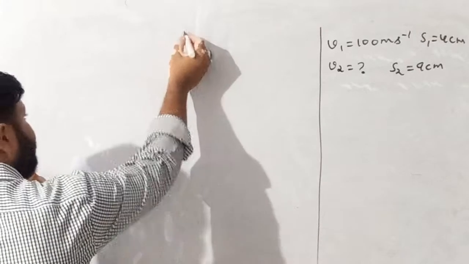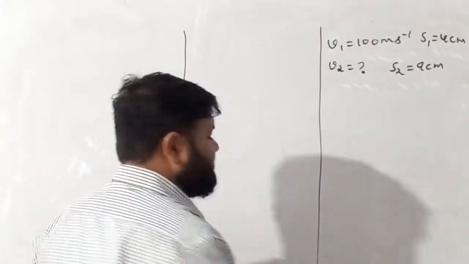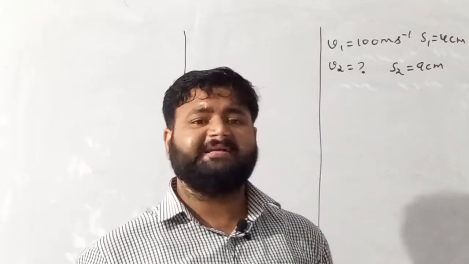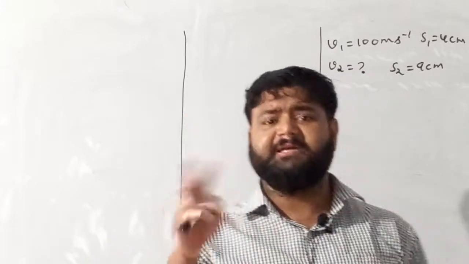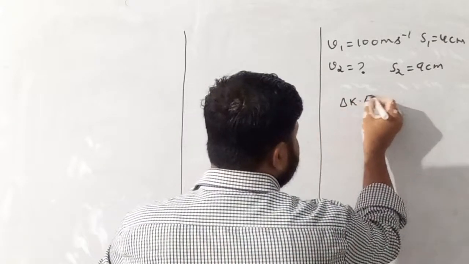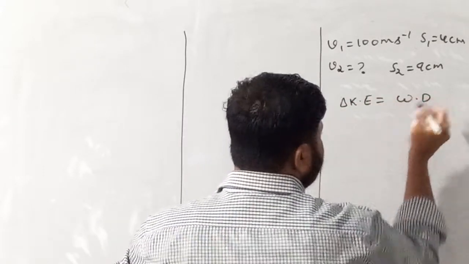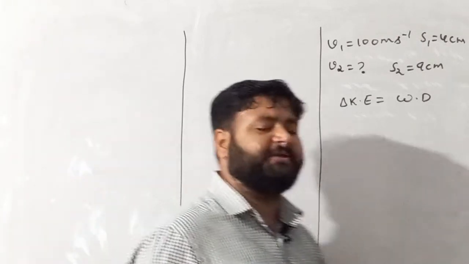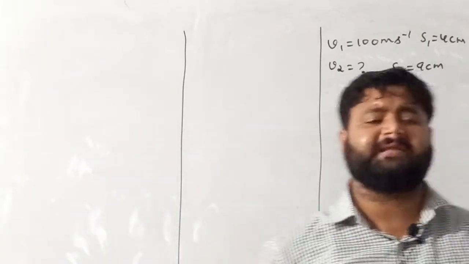Now see, my dear student, as we know the SI unit of work and the SI unit of kinetic energy is the same, so both must be equal. We can write kinetic energy equals work done, because the SI unit of work done is joule and the SI unit of kinetic energy is also joule. If two quantities carry the same SI units, then those quantities are equal.